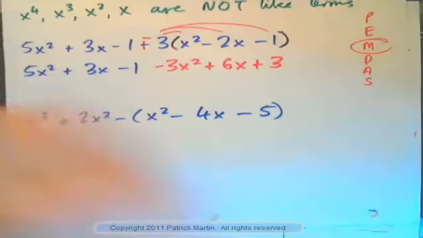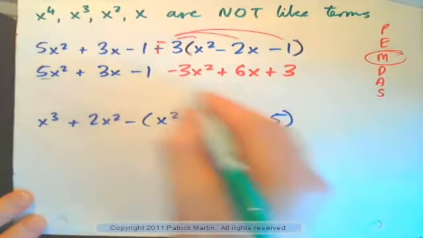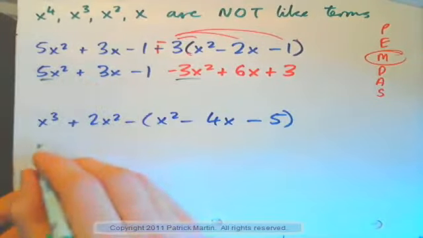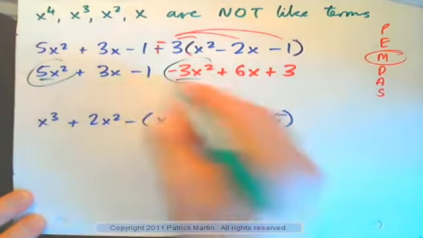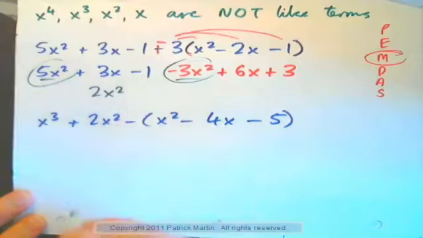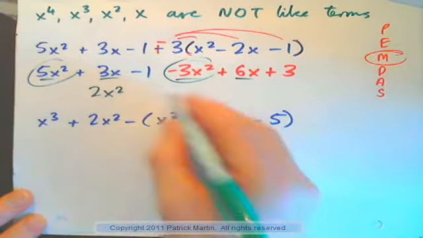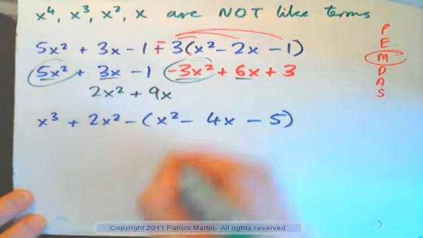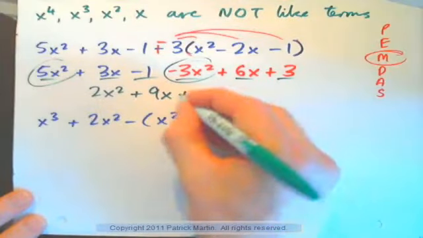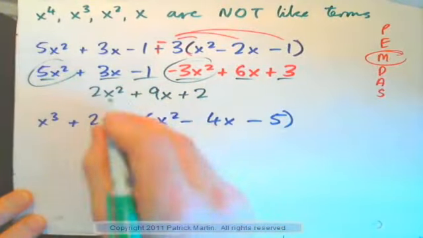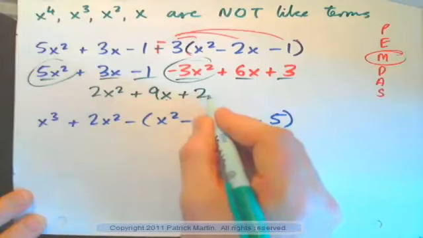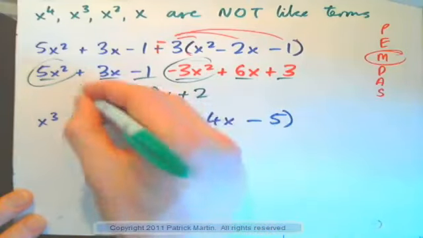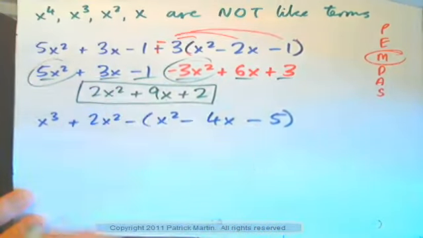Now put like terms together. 5x squared minus 3x squared. Right, these are like terms. That gives 2x squared. 3x and 6x, it gives 9x. And -1 plus 3 gives 2. And x squared and x are not like terms, and this number here, number 2, is not like terms either, so that's the final answer.